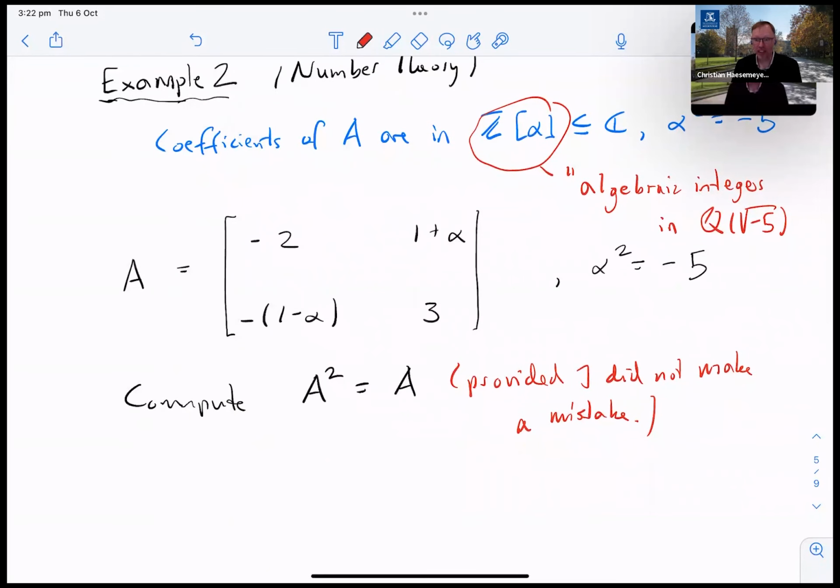And if you have learned number theory, then you will now realize where I'm going. This is sort of the simplest number field you can find whose ring of integers is not a principal ideal domain. So that's what we are getting towards.